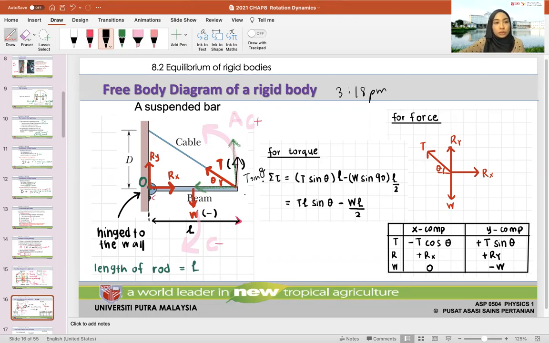Ataupun if you don't want to do it that way, we can just use the R cross F method, which was R sine theta F, where theta is the angle between R and F. Or you can just simply resolve it, find out what is the perpendicular component to the R, and it is just simply T sine theta, which is exactly the same thing. So you can choose to resolve it, or you can choose to use this equation. Okay, dua-dua boleh.